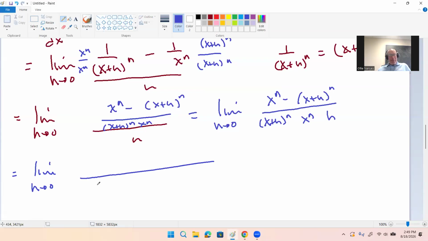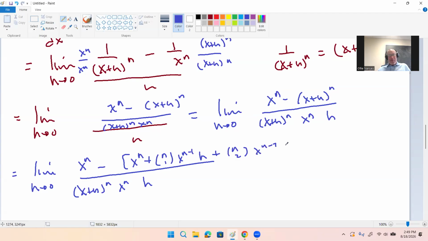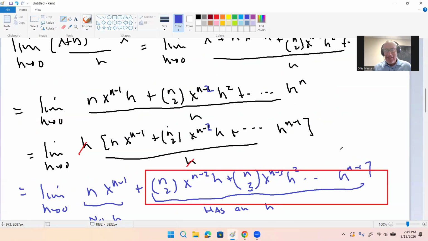And we know this game. So the top is x to the n, and we do exactly what we did before, except now it's just the reverse of this, and so forth. And we've done exactly that right here.